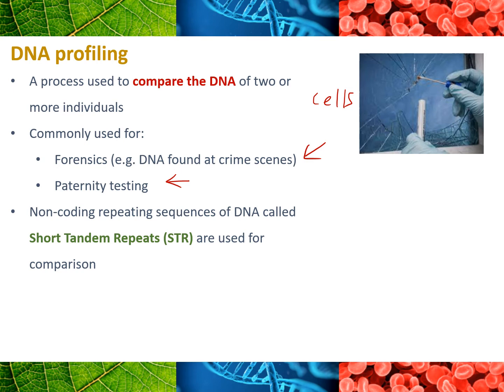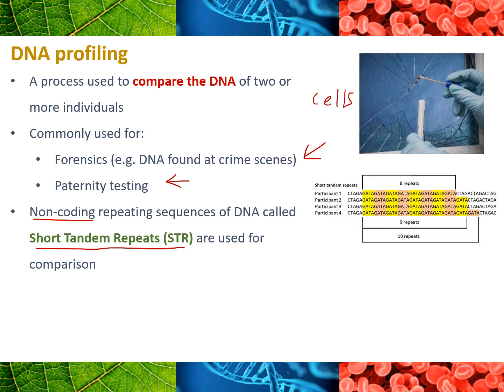A little bit of science behind this that you do need to know is that in our DNA, we have these non-coding sections. Remember we talked at the start of Unit 3 about coding and non-coding sections of DNA. In these non-coding areas, which don't produce proteins or anything like that, they're just there, there are repeating sequences called short tandem repeats.